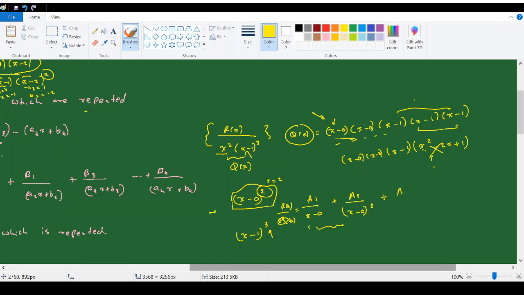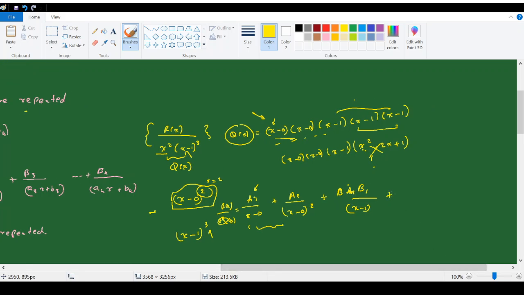So we will have another set. Now don't write it as a1 once again, okay, because a1 is allocated for this one and these two need not be equal. So try to write a different symbol. Let's start with b1: b1 over (x - 1), plus b2 over (x - 2) squared and b3 over (x - 2) cubed, because it is repeated 3 times.